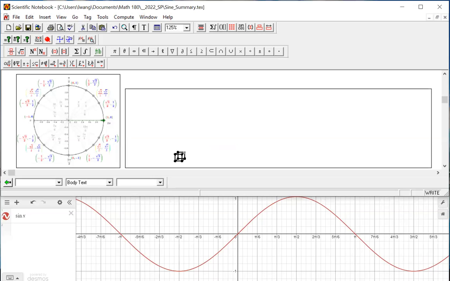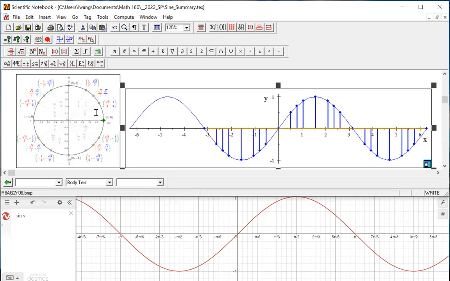Now, if you look at the unit circle on your homework, I intentionally gave you sine of pi over 6 and sine of negative pi over 6 for you to observe. Pi over 6 is measured from the standard position to this terminal side. Negative pi over 6 is measured from the standard position clockwise.